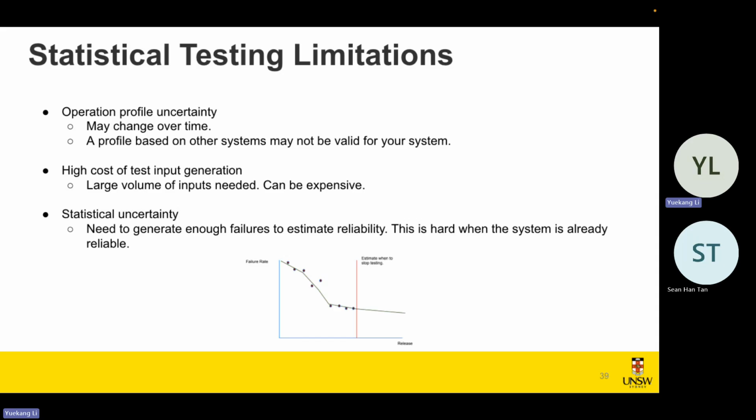T-way testing. So if we do two-way testing, it means that we are doing pairwise testing. We are trying to combine two input parameters each time, and we care about all the patterns that could be covered by the pairs.